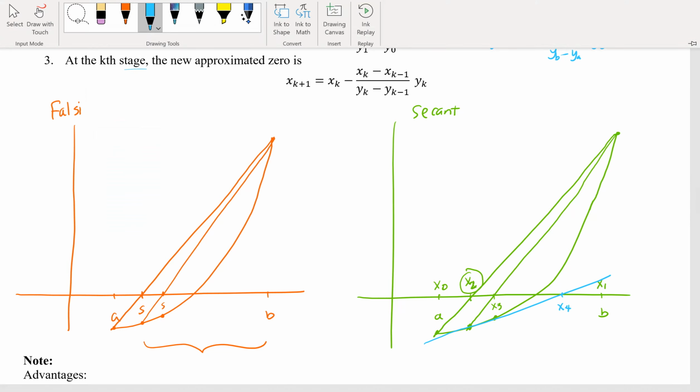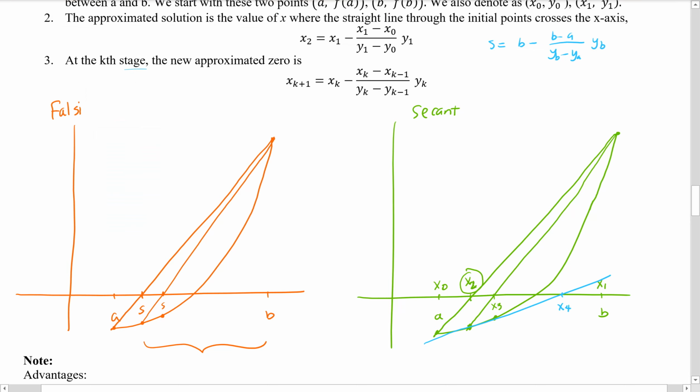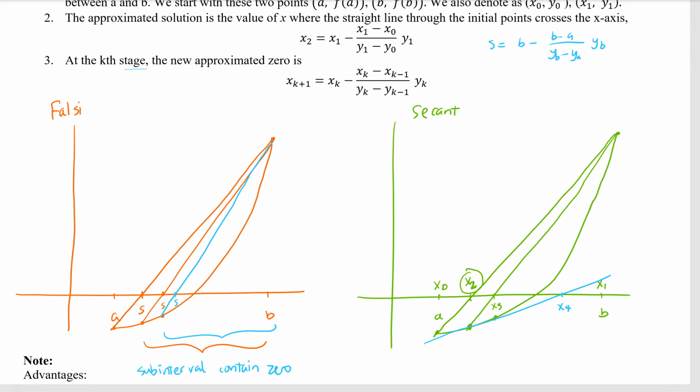And on the left, we still pick this subinterval, and then we construct the line, and this is our new s. You see? So the false position method, each time we make sure our subinterval contains the 0.